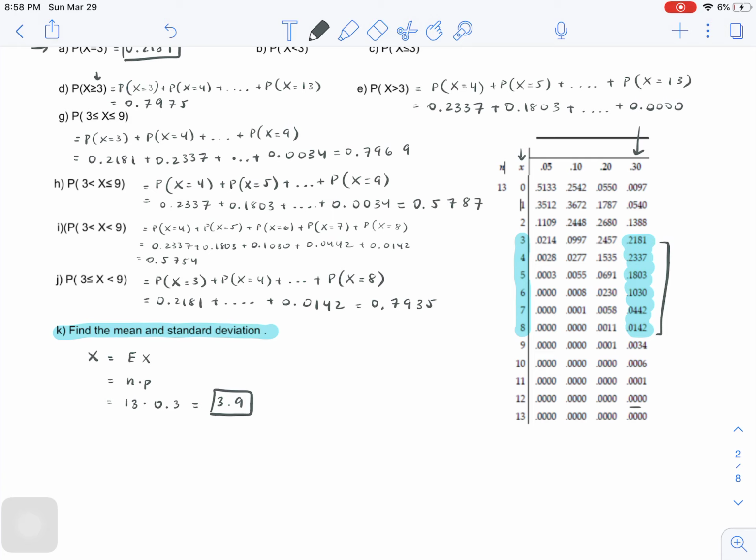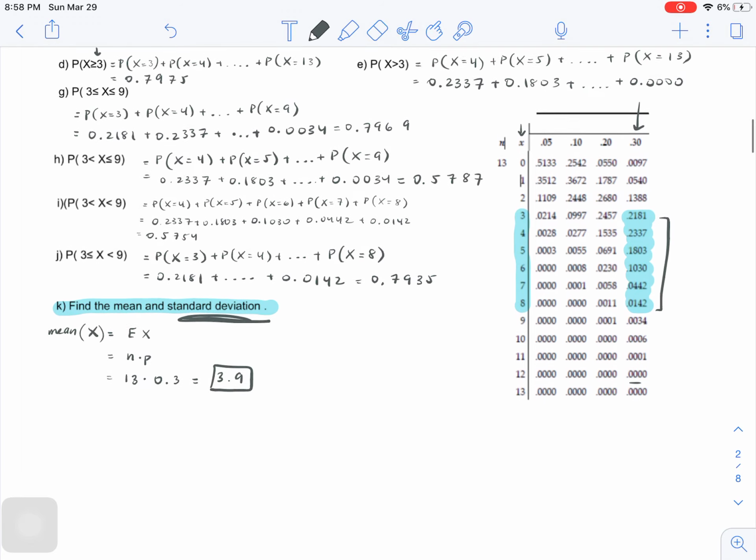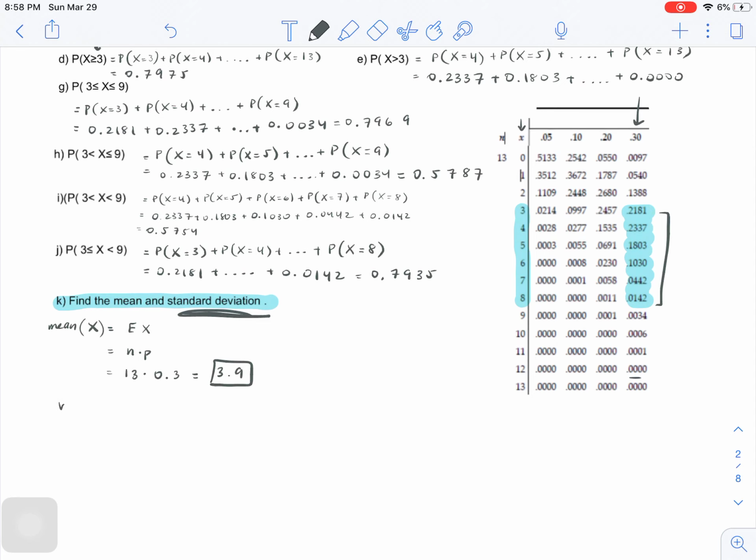Okay, next we want to find the standard deviation. So just like the mean of x is equal to expected value, just like we have a shortcut for the mean or the expected value, we have a shortcut for the variance for a binomial random variable.